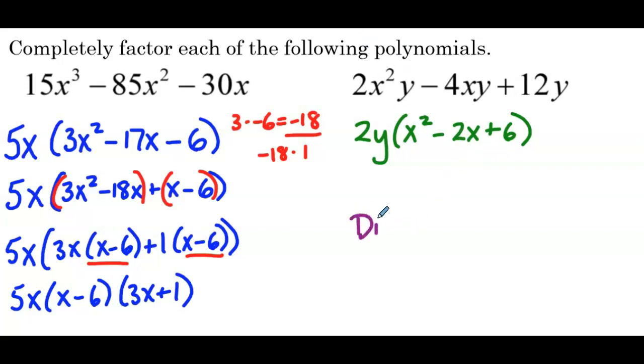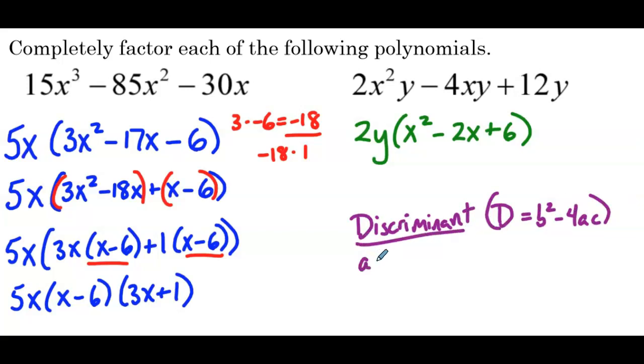The discriminant. And if you forgot what that is, that's b squared minus 4ac. Right, so just checking that out. So a is 1, b is negative 2, c is 6.